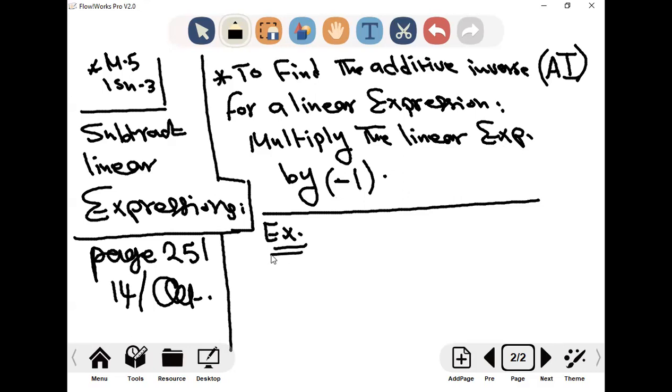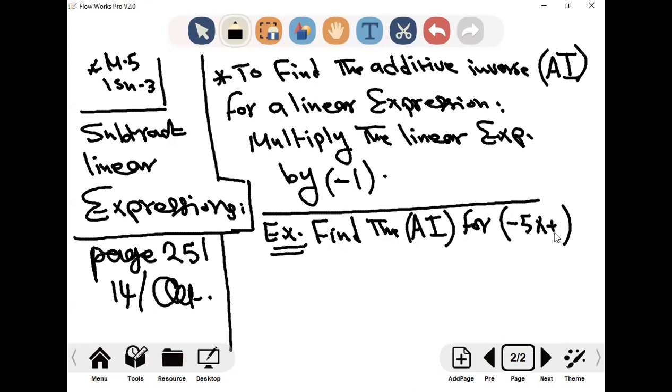Example, so you understand. Come on, take out this example, it's a good one. Example: find the additive inverse for this linear expression, negative 5x plus 8. So I gave you a linear expression. I want you to find the additive inverse. Now let's read our note. Our note says to find the additive inverse for a linear expression, multiply this linear expression by what?